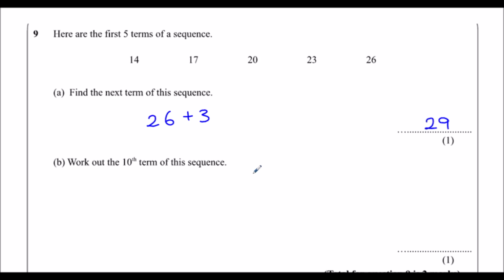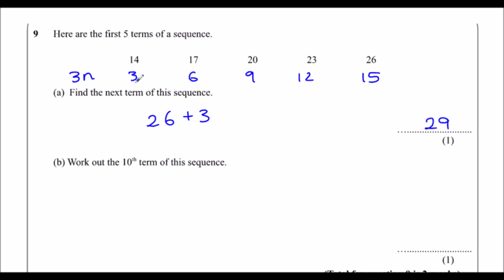And part B, work out the 10th term of this sequence. So we could keep adding 3 on, or we could work out the nth term, which we'll do just for practice. So it's going up in threes, so it's like the 3 times table. And the 3 times table is called 3n.